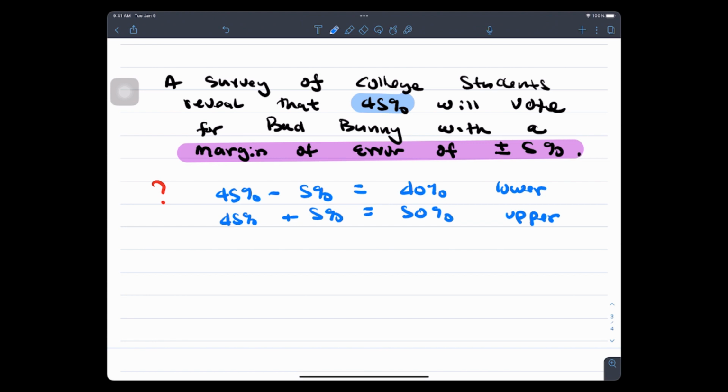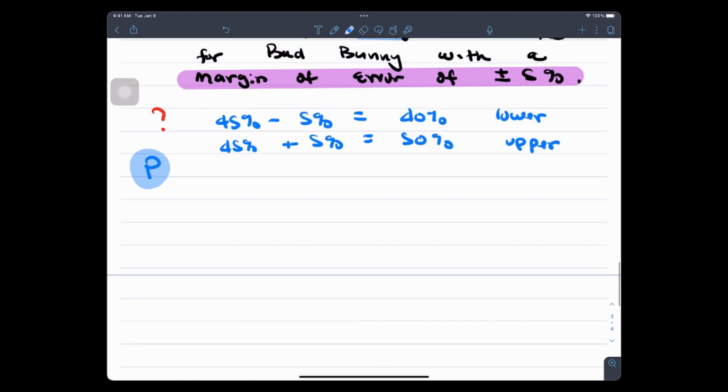They gave you a lower value and a what? Upper value. So when you're voting, what parameter are they talking about? What do you think they're saying? Parameter is what? It's a proportion. It is P. It is P, ladies and gentlemen, between 40 and 50%.